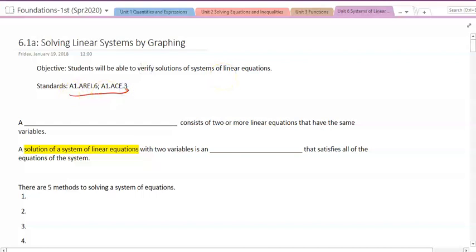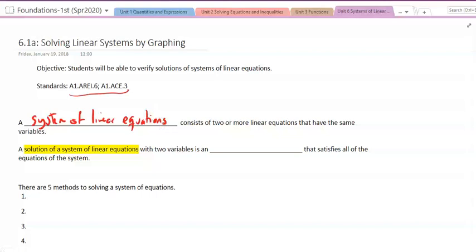And so let's first talk about what is a system. A system of linear equations consists of two or more linear equations that have the same variables. And so a solution of a system of linear equations with two variables is a what?